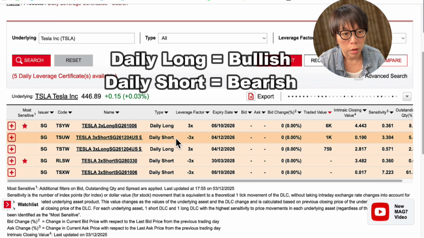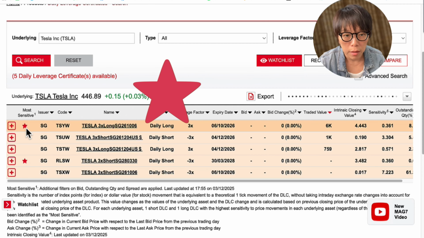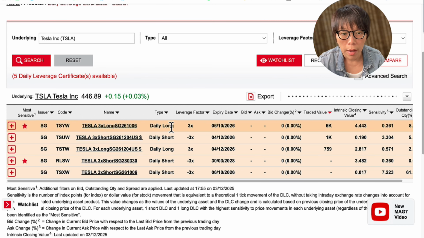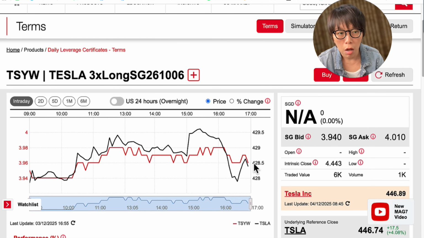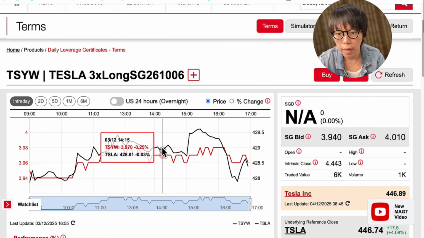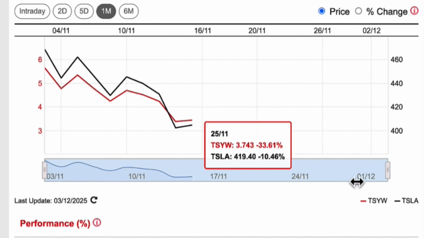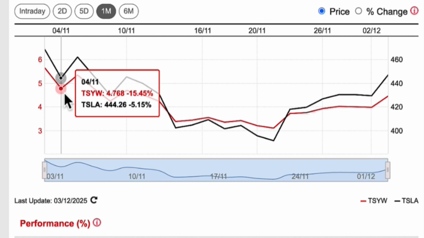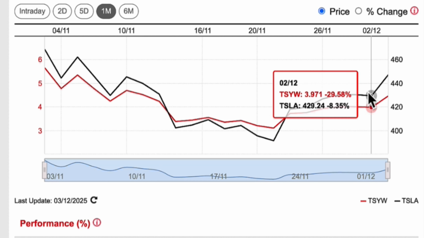And which one you want to consider, I'll always look for the one that's most sensitive, the one with a star. So we have this as a star, and then this one, which is daily short, as a star. Now understand by clicking and then see the correlation of a DLC with the Tesla stock. So for example, if I click this, you can see that the price movement of the DLC, which is the one in red, okay, that means that this particular contract in red correlates very well with the price of Tesla, which is in black.